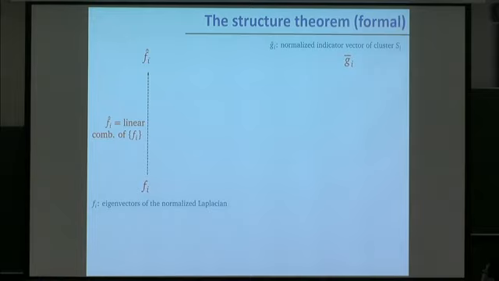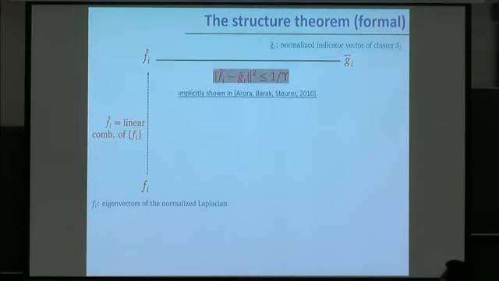First, for every gi bar, we can always find fi hat, which is a linear combination of the bottom K eigenvectors, such that the L2 squared distance between fi hat and gi bar can be upper bounded by some factor inversely proportional to epsilon. This was already shown in the very famous paper by Arora et al. around 6 years ago.